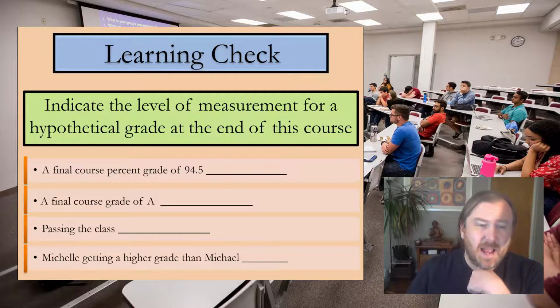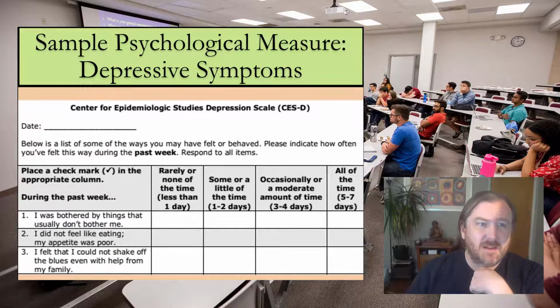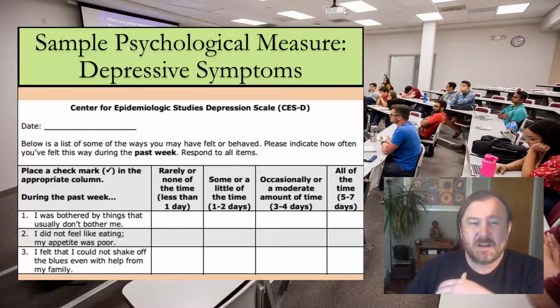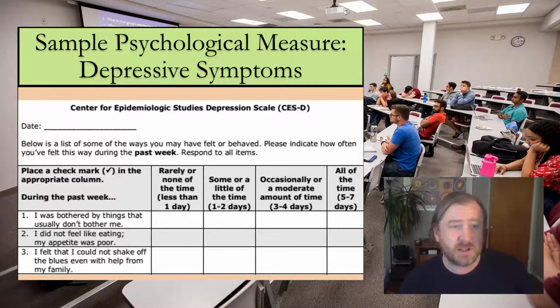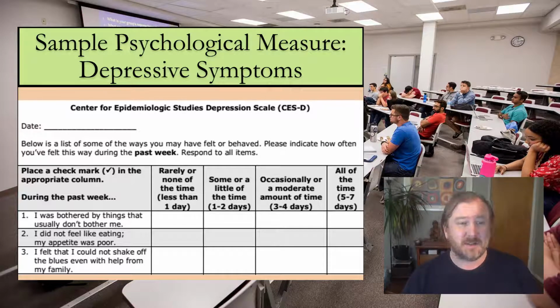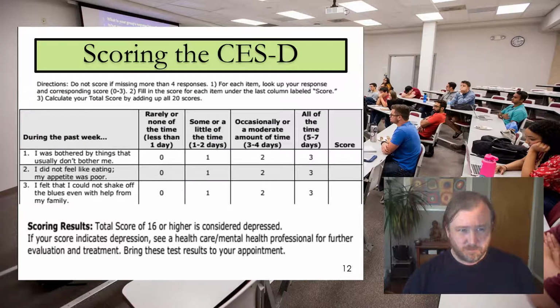Okay, so let's look at an example, just a common measure used in psychology. So this is the Center for Epidemiological Studies depression scale, commonly used depression scale, where people are asked to indicate their symptoms over the last week. So what level of measurement is this? Let's look at how it's scored, right?